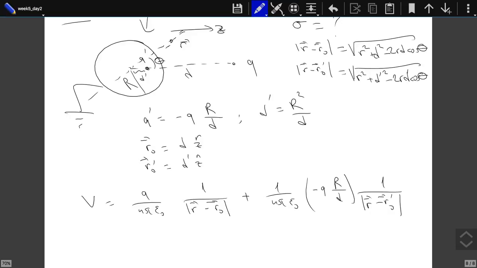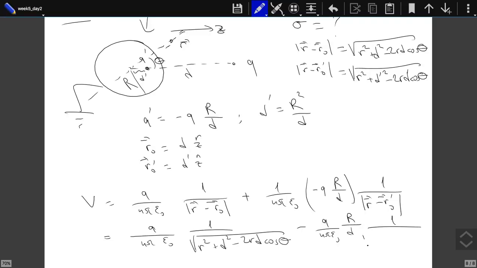So I basically know my potential everywhere in terms of the spherical coordinates. This is equal to q over 4 pi epsilon 0, 1 over square root of r squared plus d squared minus 2r d cosine theta, minus q over 4 pi epsilon 0, r over d, 1 over square root of r squared plus d prime squared minus 2r d prime cosine theta.